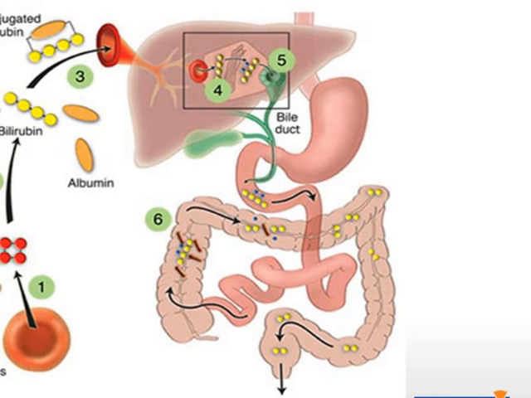Conjugated bilirubin is subsequently secreted out into the biliary system and enters the gastrointestinal tract, where it undergoes hydrolysis by gut bacteria into urobilinogen. About 80 to 90% of urobilinogen is excreted in the feces, while the remainder is reabsorbed and enters the enterohepatic circulation.